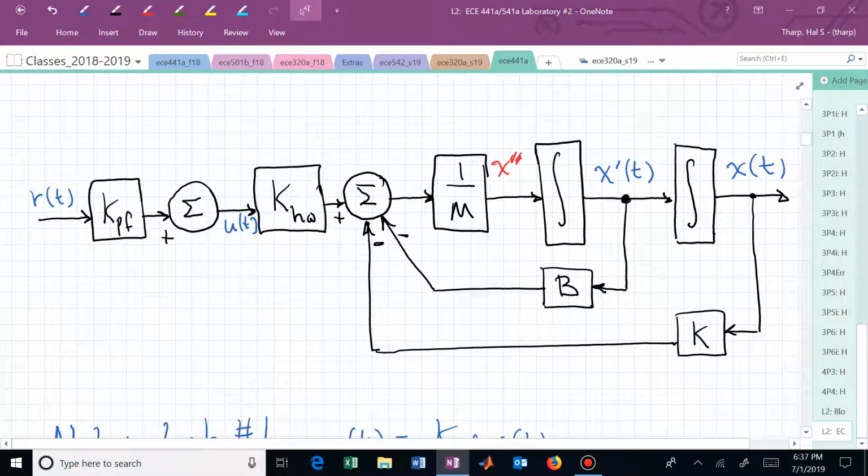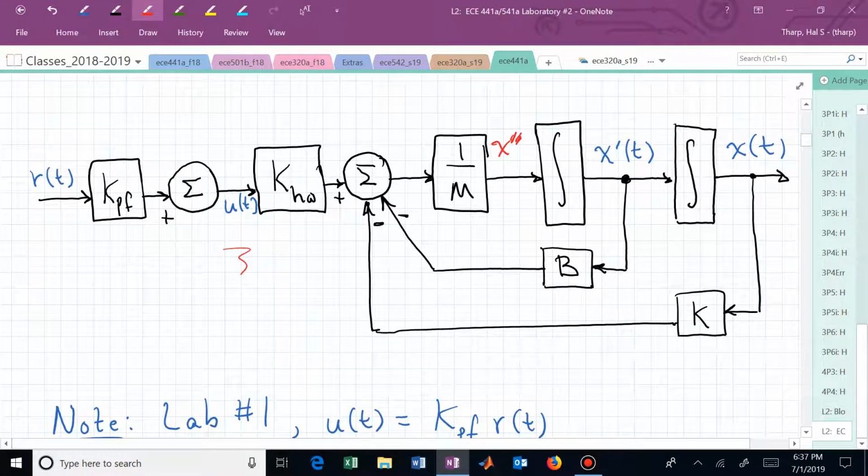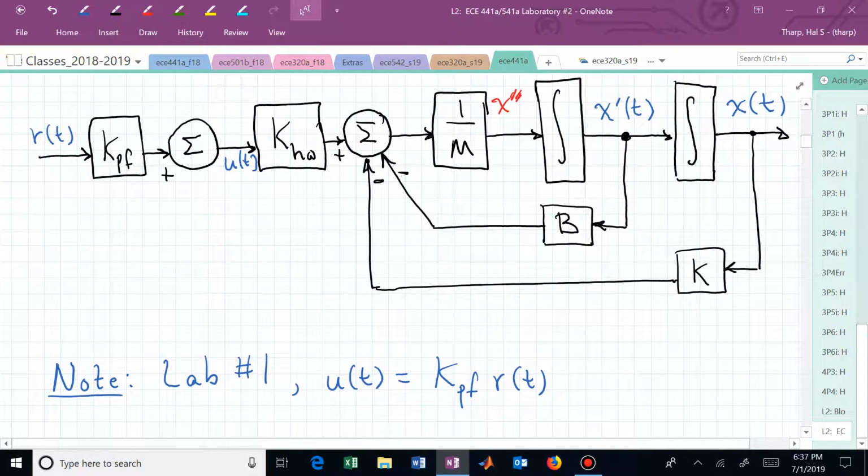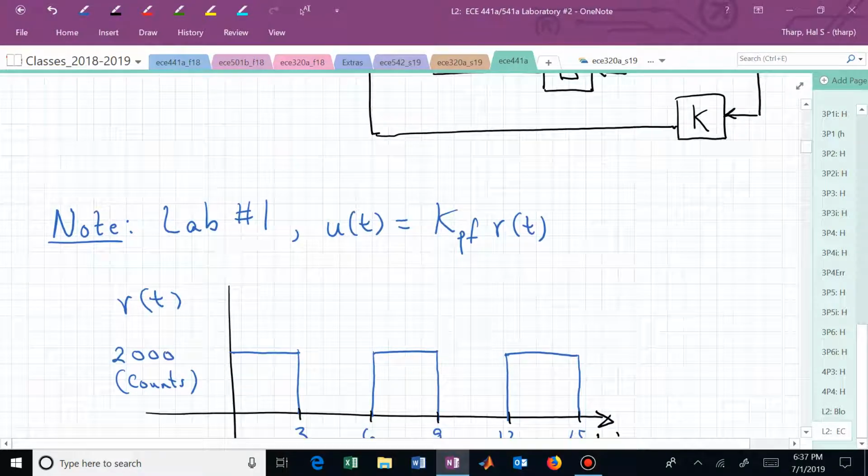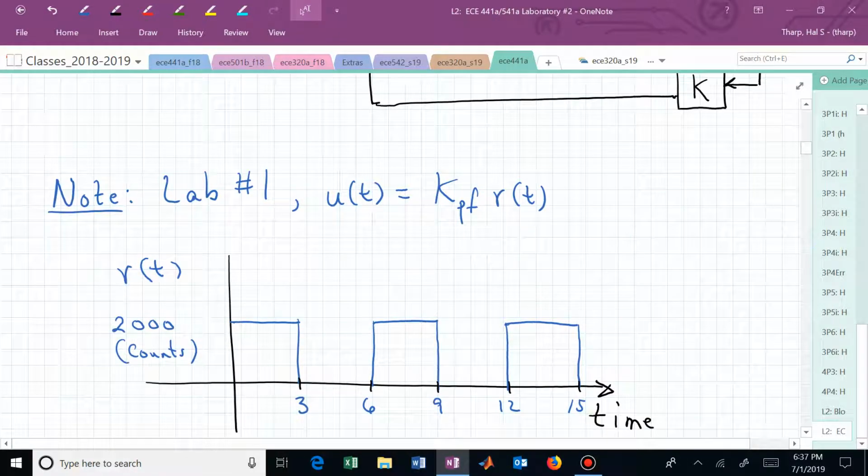And remember, in lab number 1, this input u that we applied was in fact a scaled version of our desired response, which was to move 2,000 counts with the position of that mass and hold that for 3 seconds, then turn that signal off and come back to rest between 3 and 6.